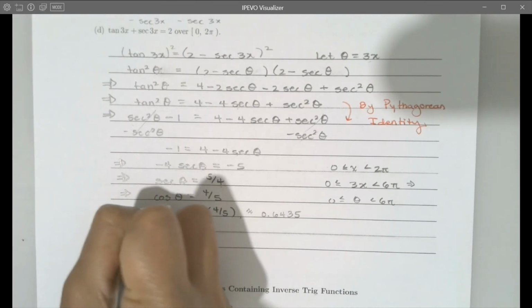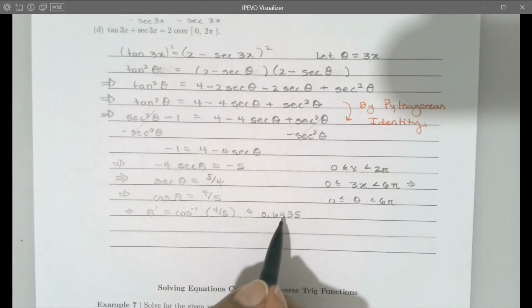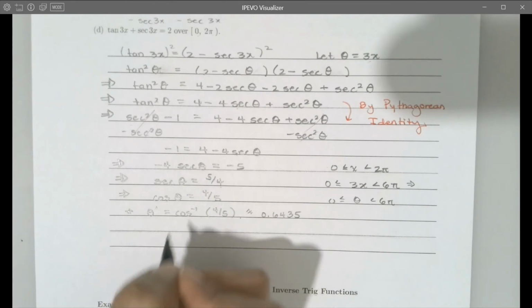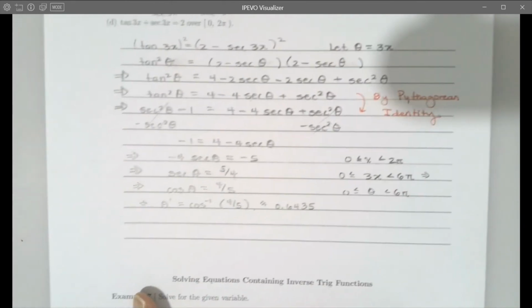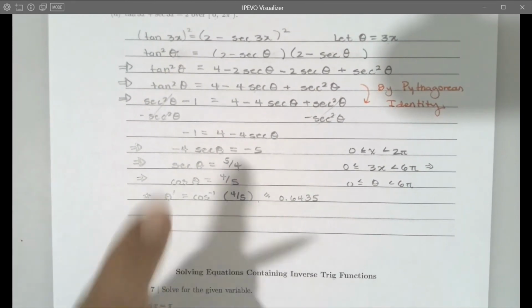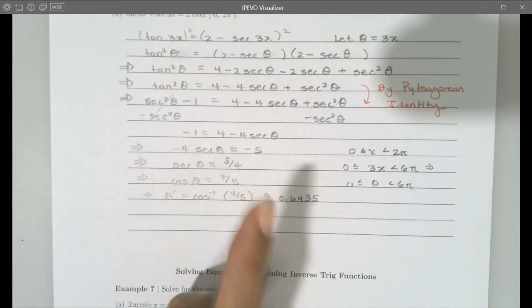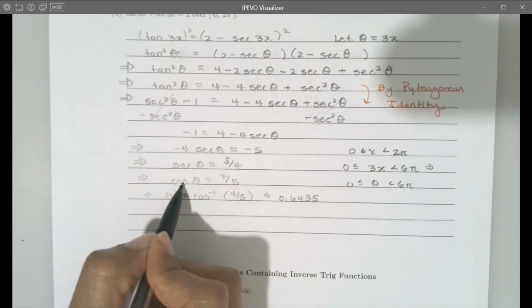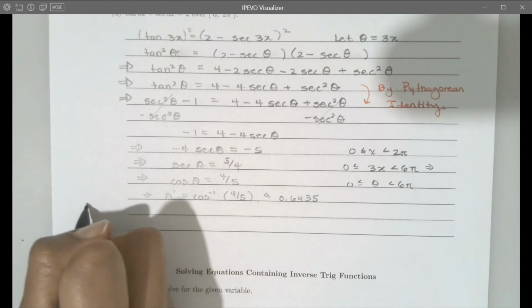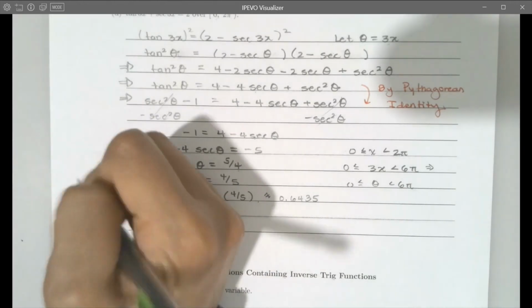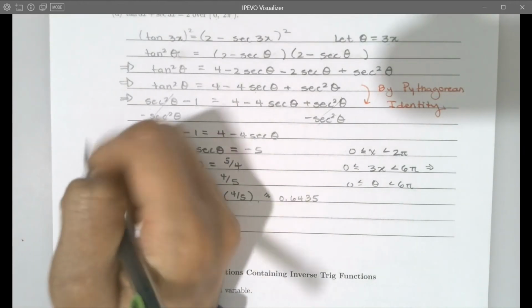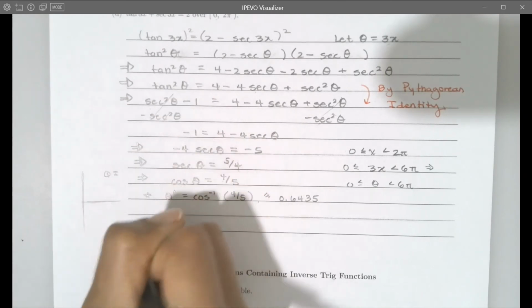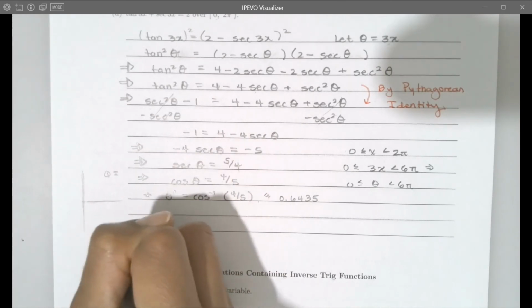I'm actually not going to be using the approximation, but I did want to show you what it is on the calculator, because since it's a reference angle, we're going to be using it to find the actual angle. And the actual angle has a cosine value that is positive, so that means that we could either be looking at quadrant number 1 or quadrant number 4.